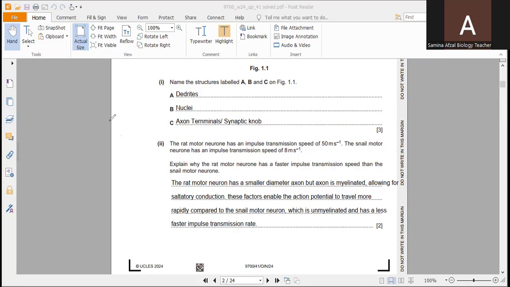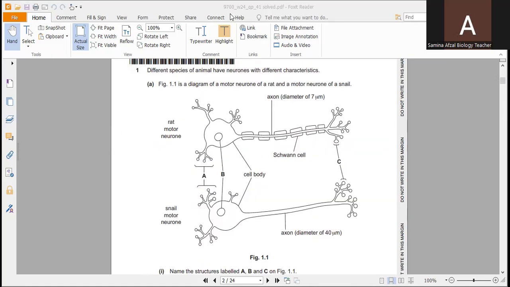So I would like to explain this. For this answer, we will again move towards the figure, where you can see both of these neurons.